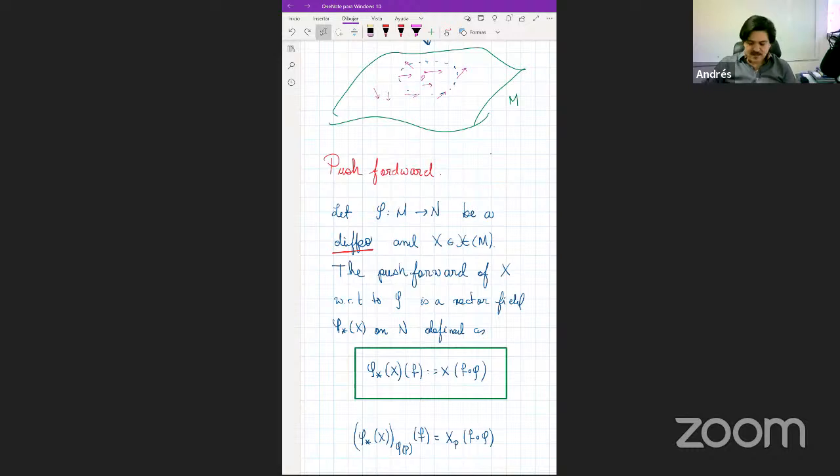Now, we have seen this in the derivative. It is precisely the derivative that we have seen before. However, before we only saw it like this: I take a vector on the tangent space and I define phi lower star of that vector. That we have seen before.